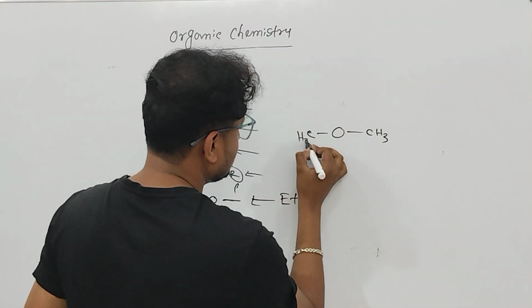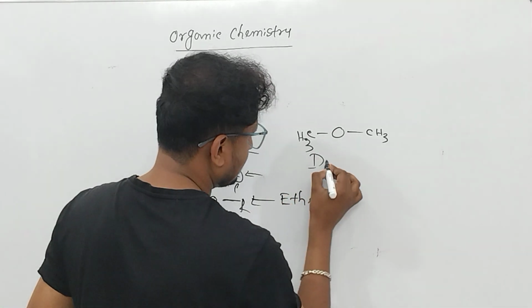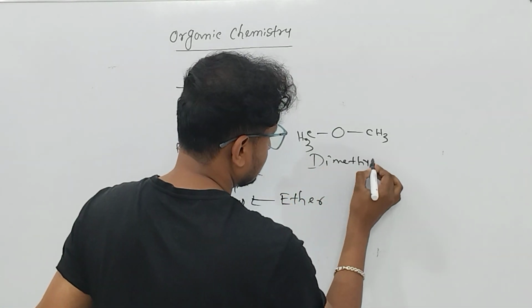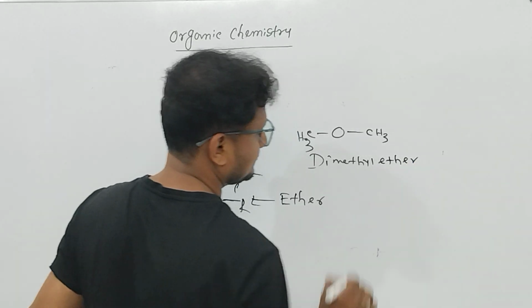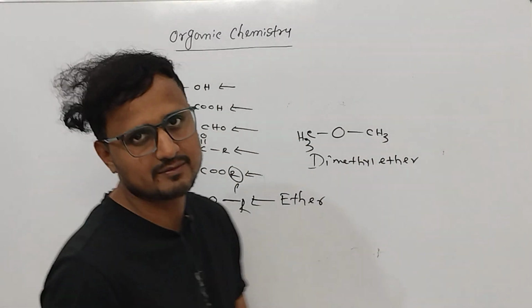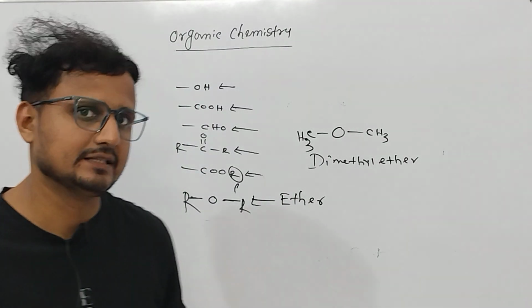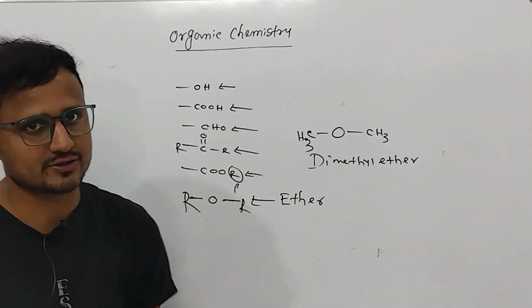This must be attached to the alkyl group, right? It is called dimethyl ether. Similarly, it can be diethyl ether also. Okay, in the class 10 syllabus, we don't have the IUPAC nomenclature and detailed treatment of the ethers. But this is again a functional group.